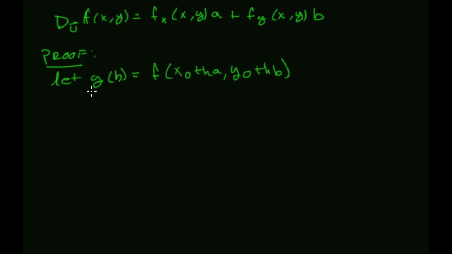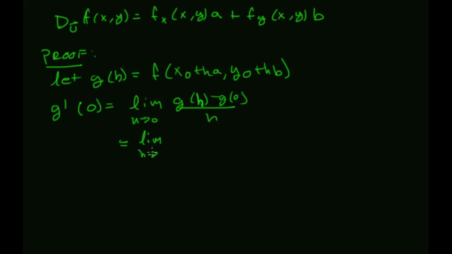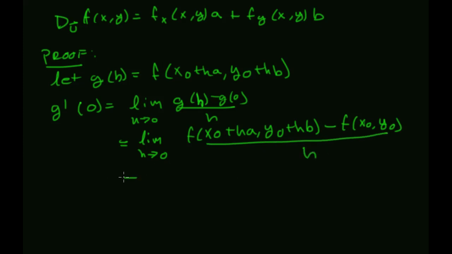This means that g prime of 0 should be the limit as h approaches 0 of g of h minus g of 0 over h, which should be the limit as h approaches 0 of f of x null plus ha, y null plus hb, minus f of x null, y null, all over h, which is the directional derivative.